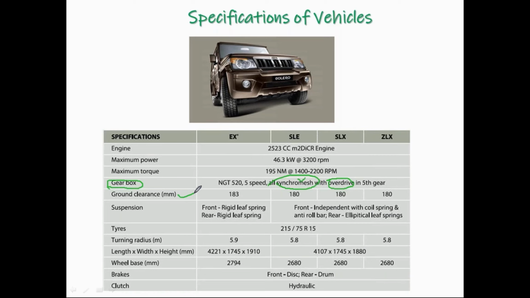Then we have ground clearance. Many of you think this is very important, so many of you expect more ground clearance. Then another important topic is suspension. What different types of suspensions are available? You can consider a leaf spring or an independent coil spring.